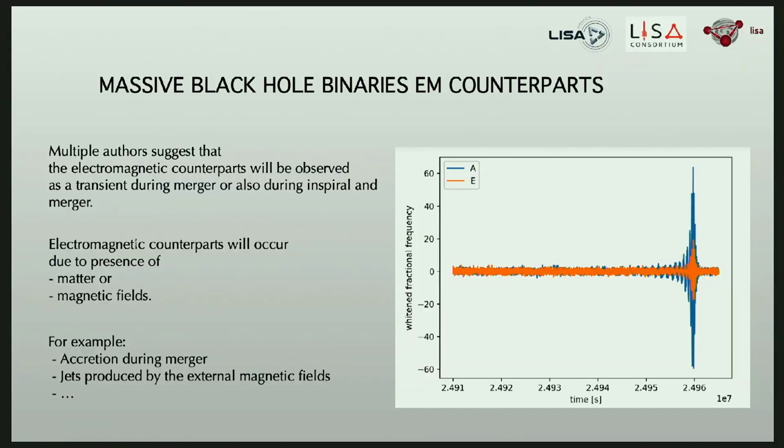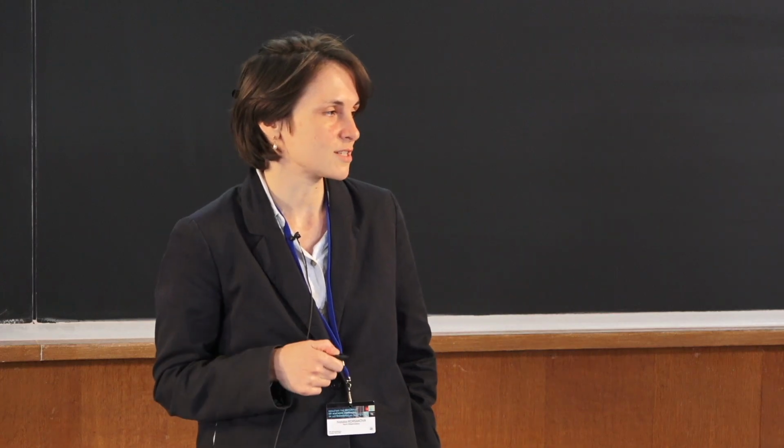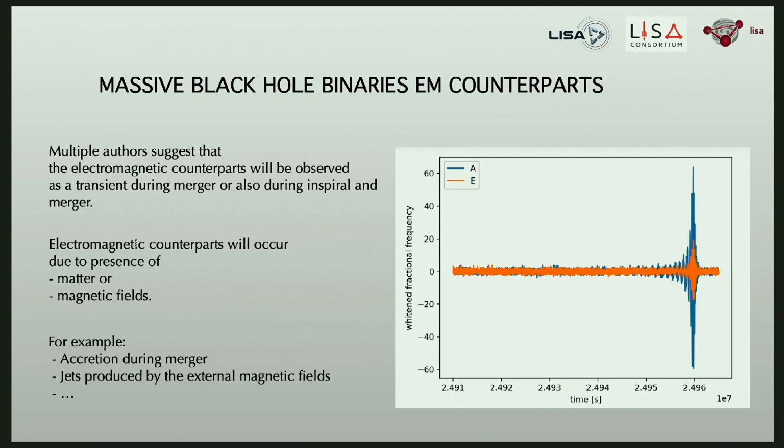So why do we need machine learning for this kind of data analysis? The main motivation is that we want to do very fast parameter estimation, because we expect that for massive black hole binaries we might actually observe electromagnetic counterparts.